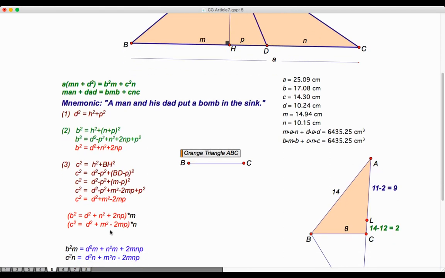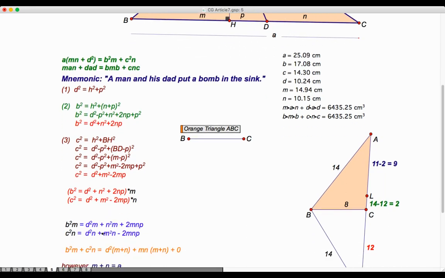Wait a minute. I want to create bmb and I want to create cnc. That's why I need to multiply the first expression by m and the second expression by n. If I multiply c squared by n, it becomes cnc, and the other one is bmb.